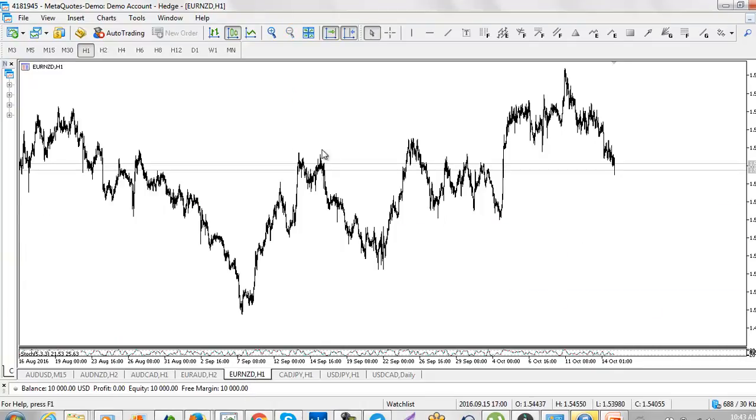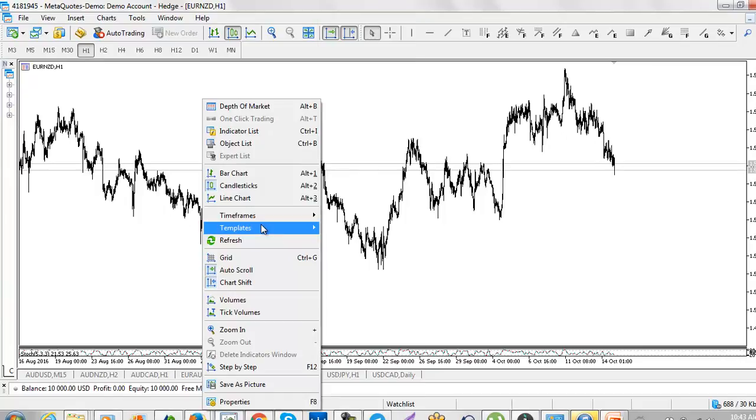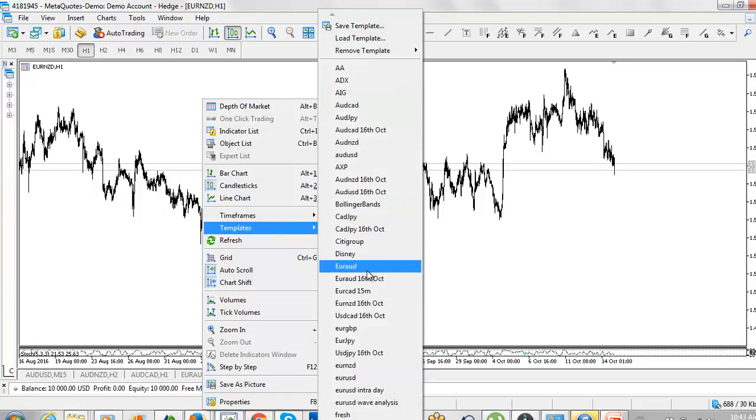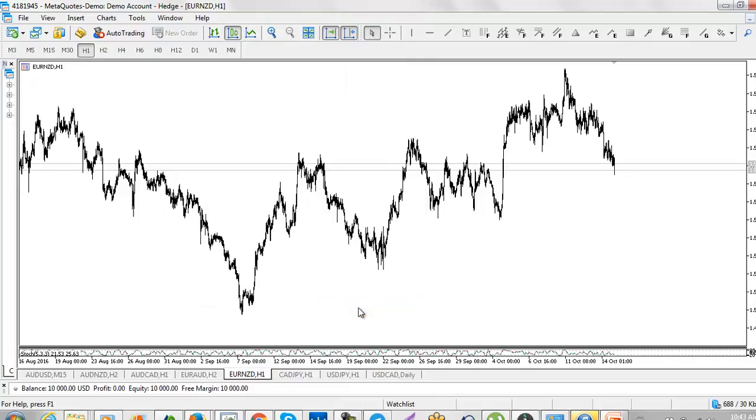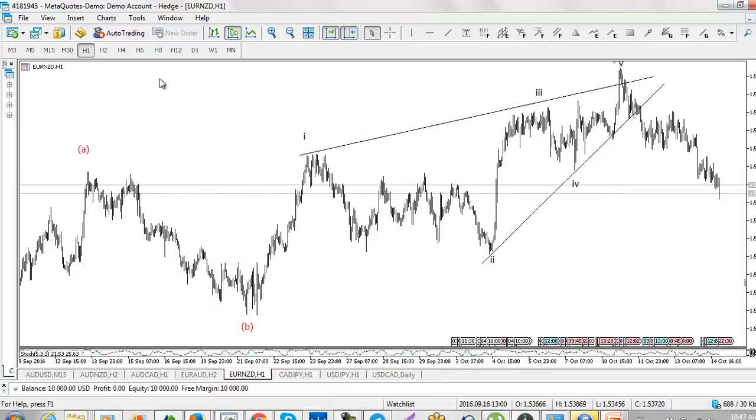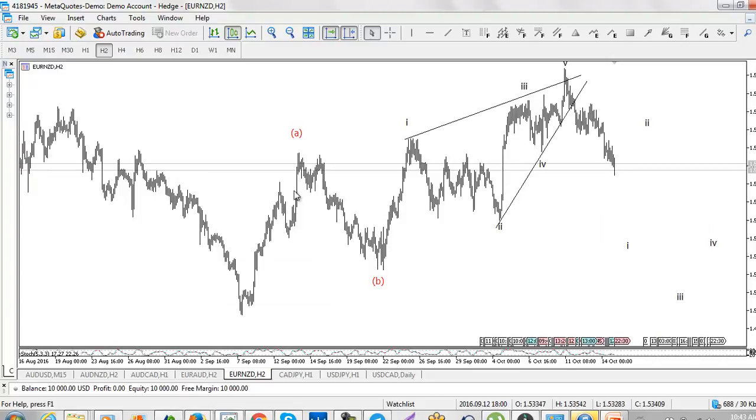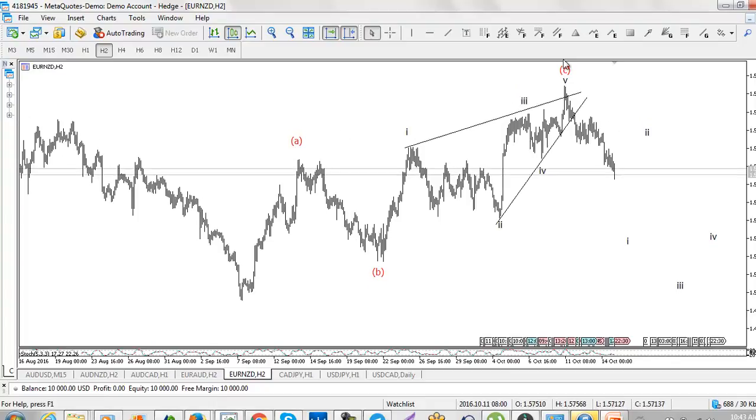The next one is the Euro New Zealand dollar. Euro New Zealand dollar also looks like a very important move has ended around here. A very good pattern ended around here, and the price is actually responding to that. So let me show you what move ended there. This is the Euro New Zealand dollar. From here we saw a very good corrective move, an ABC move, and then look at the C wave.